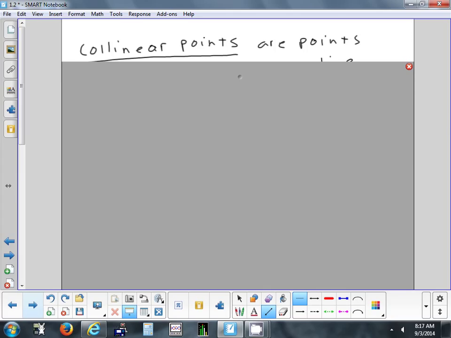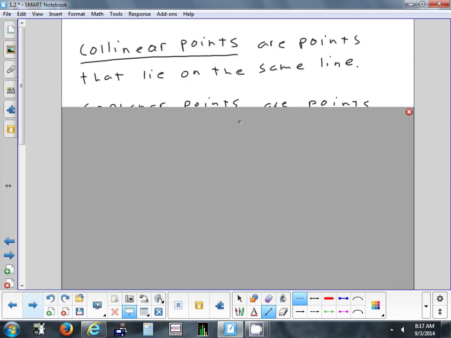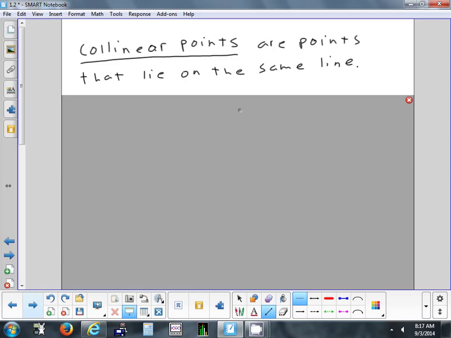Nathan? Line. Okay, so collinear basically means with the same line, or points that are on the same line. So if I say to you, 2 points are collinear, what I'm saying is there are 2 points and they're both on the exact same line.